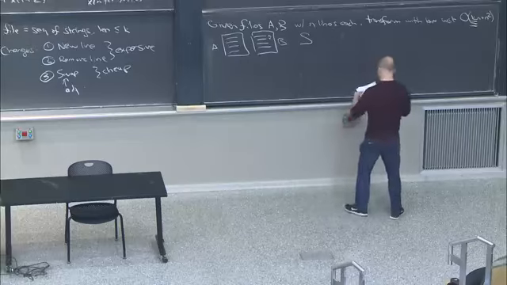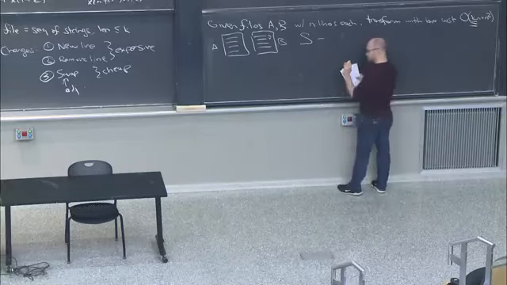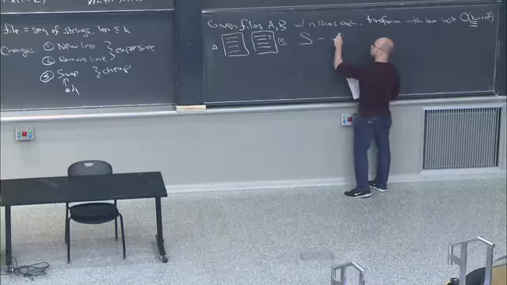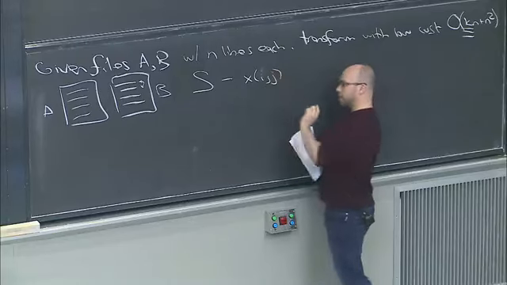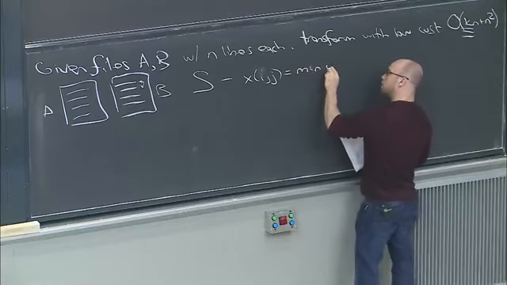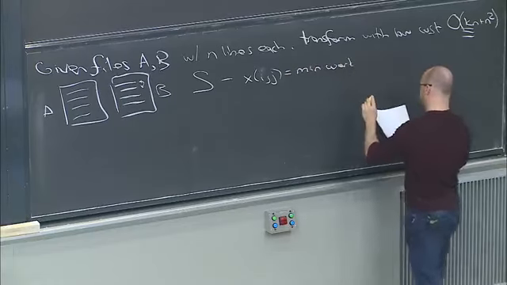Okay? So in particular, here's going to be our thing. I'm going to do a slightly different one in the solution, so you guys should all be vigilant. I'm going to write x_ij to be the min work to convert A[i:] into B[j:], like that.